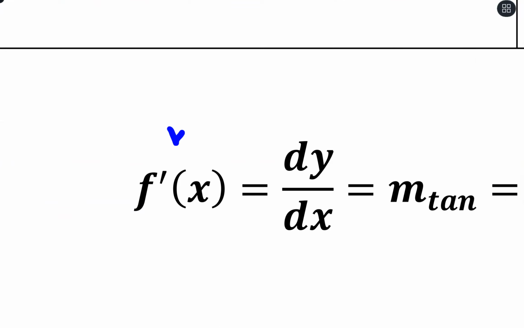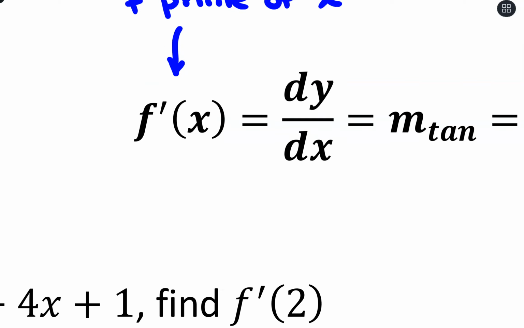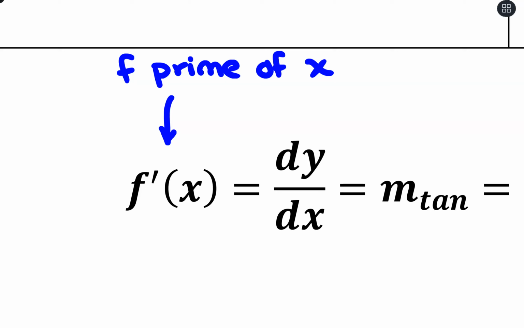This first one could read out as f prime of x. It's also called the first derivative of f of x. dy dx also represents the first derivative of f of x, or the derivative of our equation y with respect to x is what that's showing.